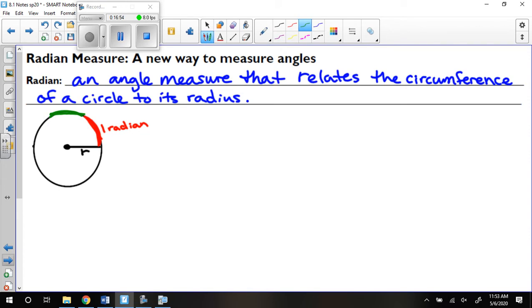So we've got another one. This would be another radian. Then I'm going to do this again here. Rotate it, put it here.